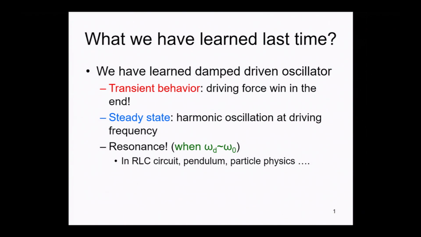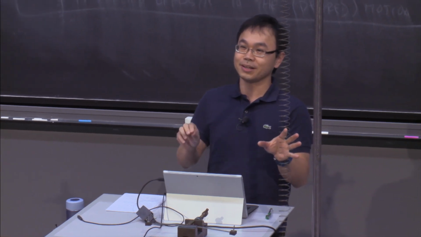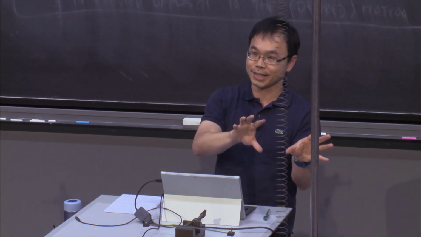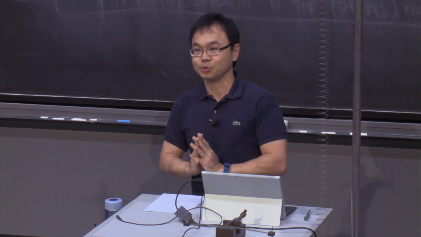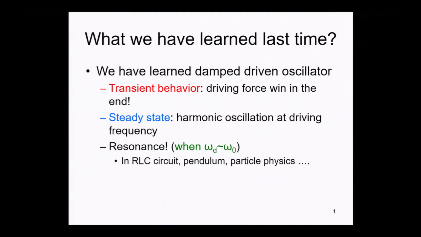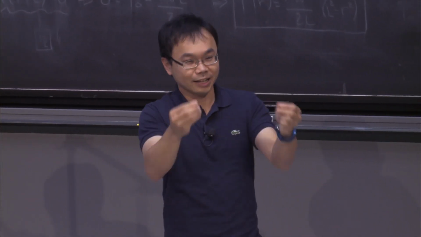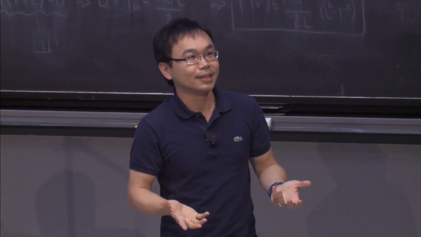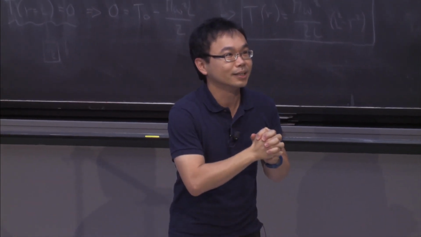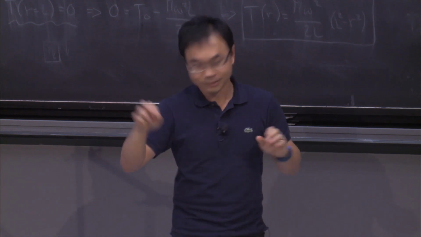And there are two very important things we learned last time. The first one is the transient behavior, which is actually a superposition of the homogeneous solution and the steady-state solution. One very good news is that if you are patient enough, you shake the system continuously, and if you wait long enough, then the homogeneous solution contribution will go away.